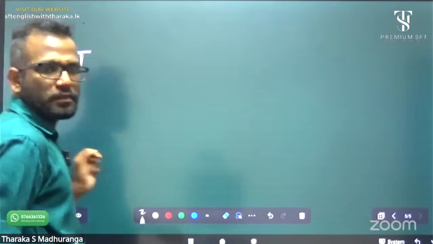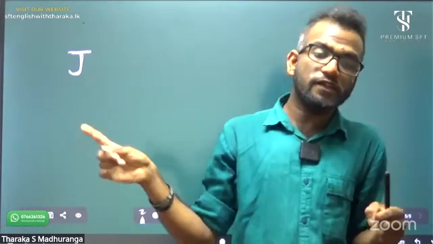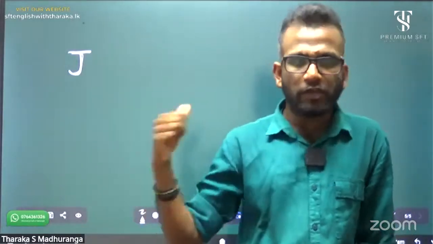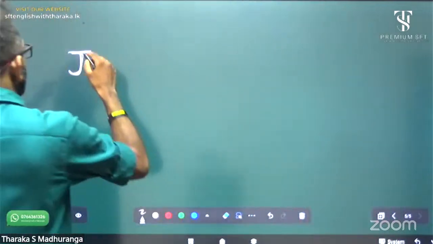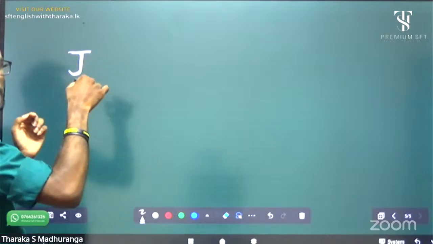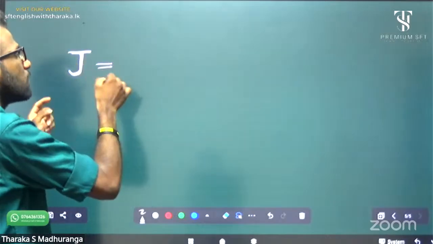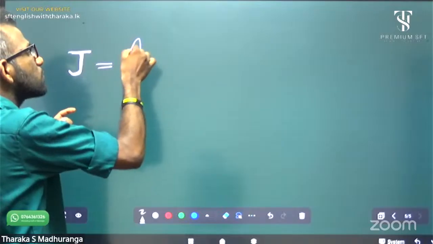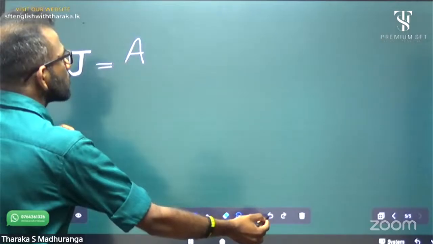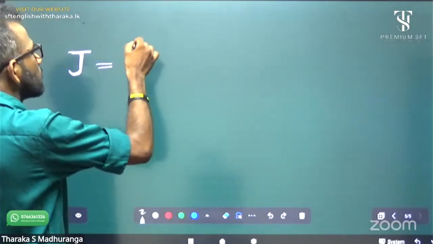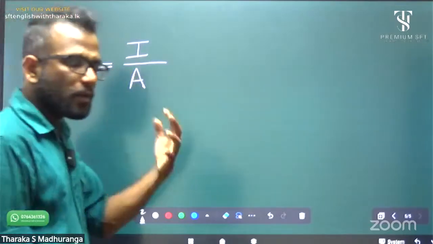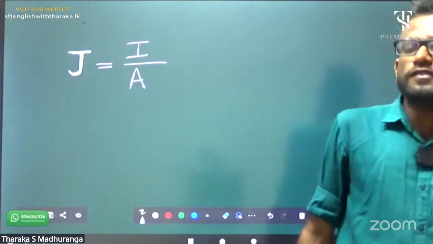In the rotational motion lesson, we use tau for torque. In physics, the same symbol may be used for different quantities. Tau is the current density, equal to the amount of current flowing through unit cross section.